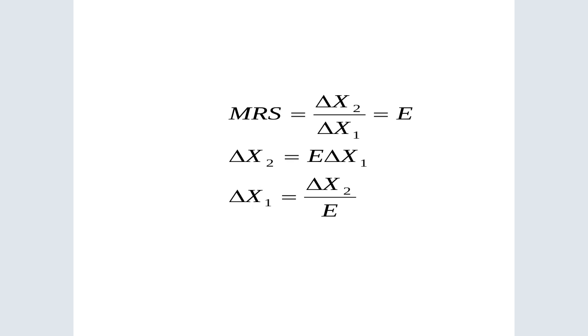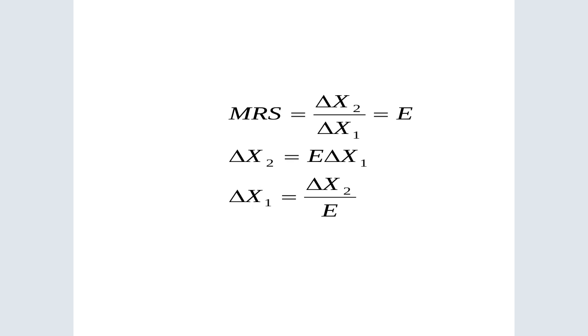Now, the change in good 2 over the change in good 1 is what we refer to as the marginal rate of substitution, which simply measures the rate at which you can exchange one good for the other. So the rate at which you can exchange commodity 1 for commodity 2 is what we refer to as the marginal rate of substitution, which is indicated by E in that expression.